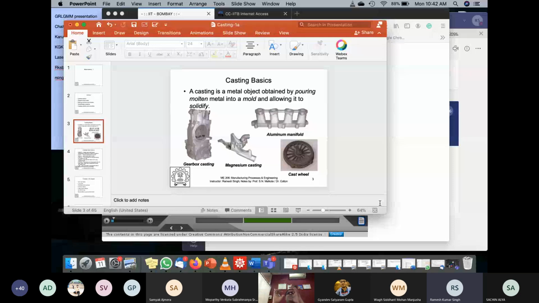But in some cases, you have a totally closed kind of a thing, then you will have to make the casting such that your closed hollow portion will not remain in the mold.